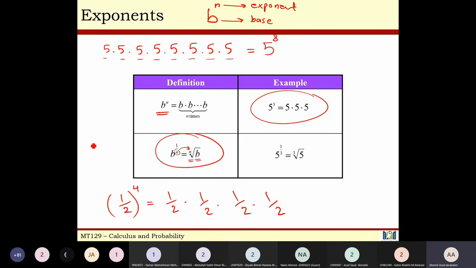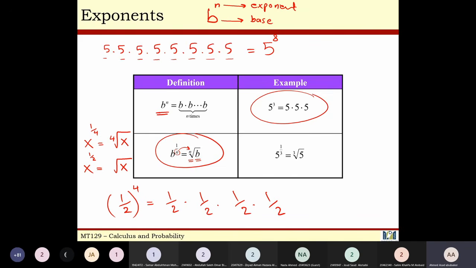For example, x to the power 1 over 4 means the radical for the x but with degree 4. If we have x to the power 1 over 2, this equals the square root of x, and we can remove the 2.